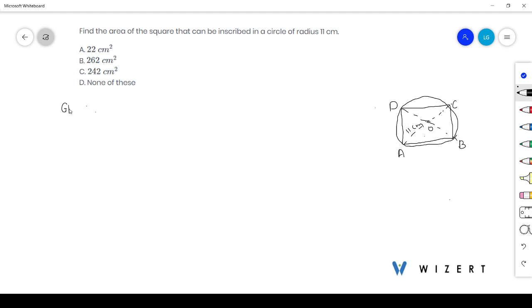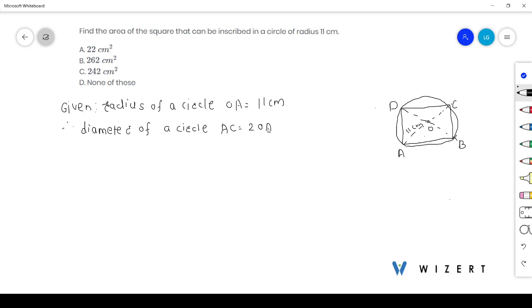Let us write first what is given here. Given radius of a circle, suppose OA equals 11 centimeters. Therefore, diameter of a circle AC equals 2OA.